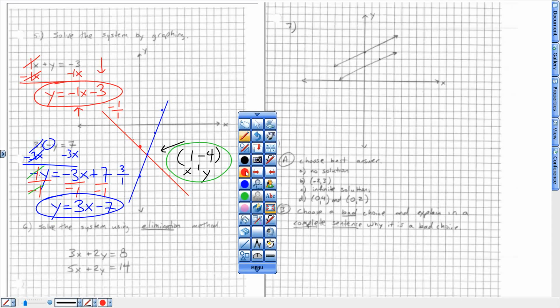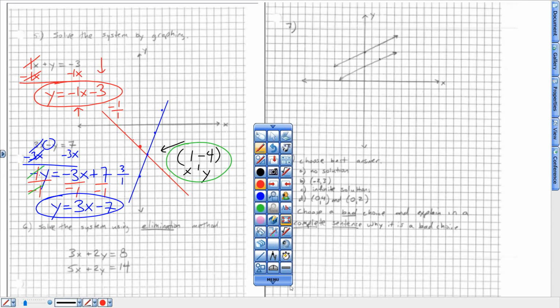Here we go. Same problem we've been doing. Times this by negative 1. That's going to distribute that negative 1 all the way through. Rewrite it. That rewrite gives me negative 3x minus 2y equals negative 8. On the bottom, I got 5x plus 2y equals 14.